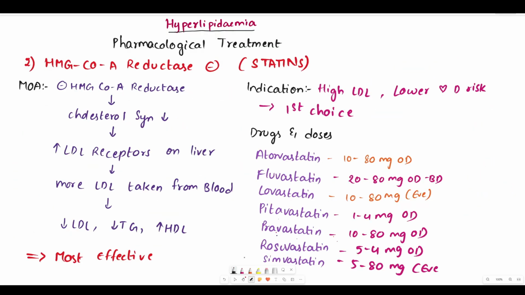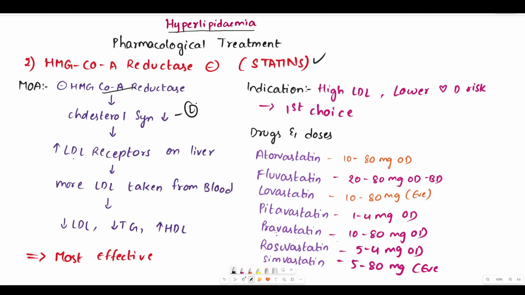The second class of drugs used in the treatment of hyperlipidemia is the HMG-CoA reductase inhibitors, which are simply called statins. What is the mechanism? They inhibit the HMG-CoA reductase enzyme, due to which cholesterol synthesis in the liver is reduced.